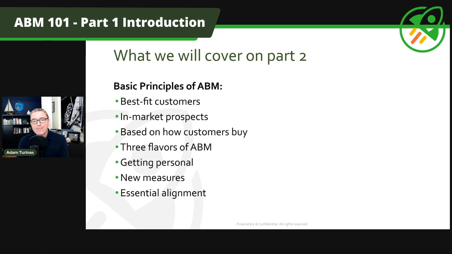It's about marketing to these prospects the way that customers buy. It's about using 3 different flavors of ABM. It's about using personalization to get personal and engaged with these customers. You're also going to need to develop a new set of measures that are ABM centric. And last but not least is that essential alignment between sales and marketing. So I'll look forward to seeing you in the next class.